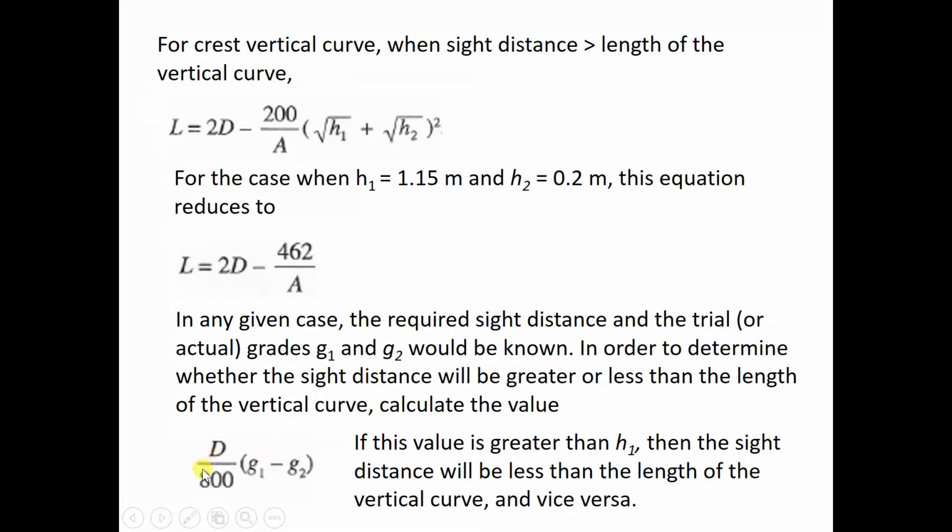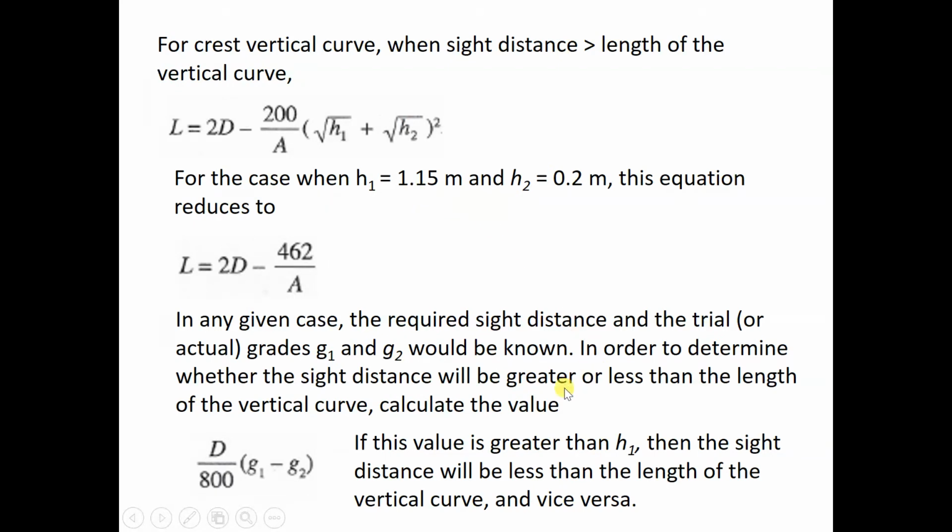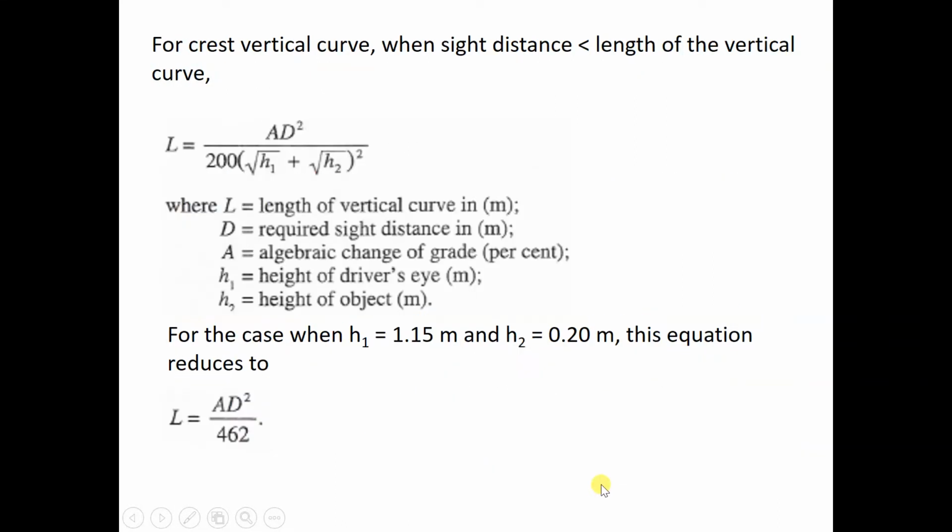If this value is greater than H1, which is 1.15, then the stopping sight distance will be less than the length of the vertical curve, which means we use the single-term expression.